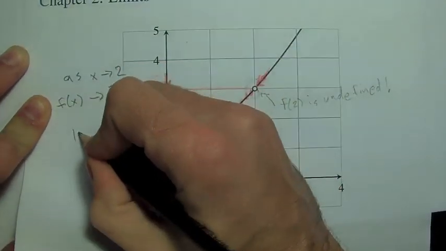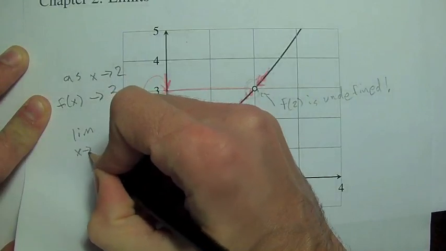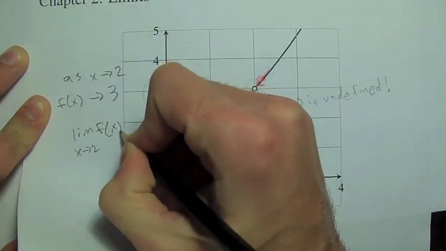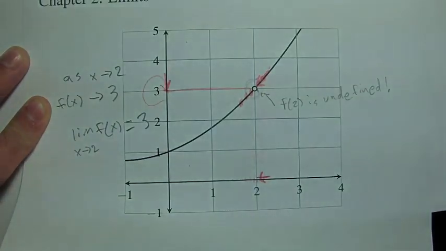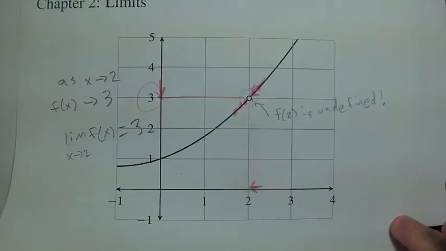Okay, therefore the limit as x goes to 2 of f of x is equal to 3. All right.